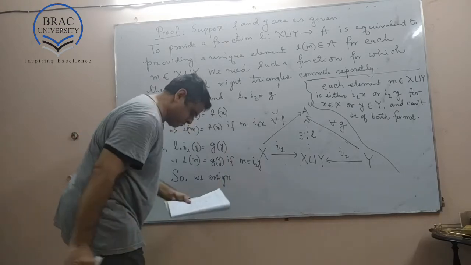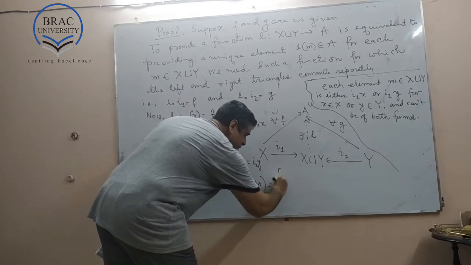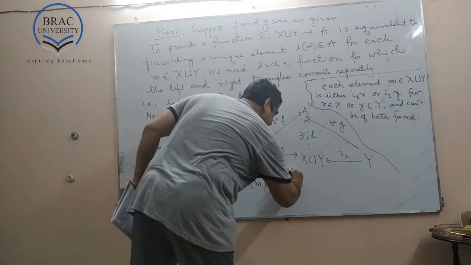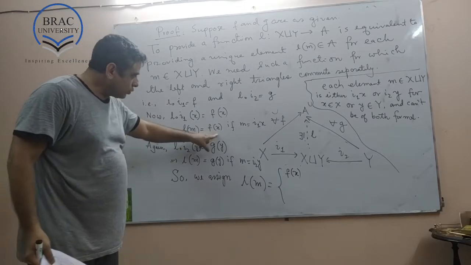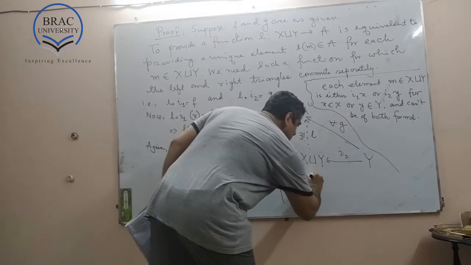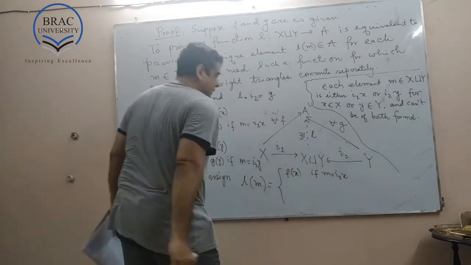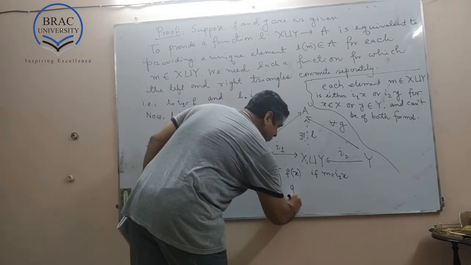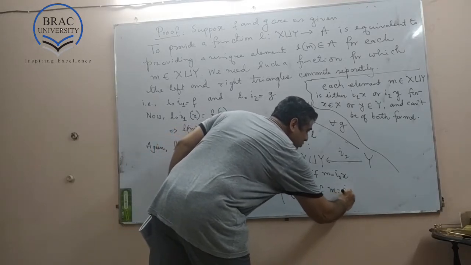We assign L(m) to be equal to f(x) if m is equal to I1x, and L(m) is equal to g(y) if m is equal to I2y.